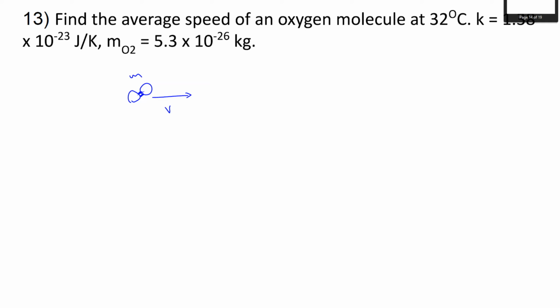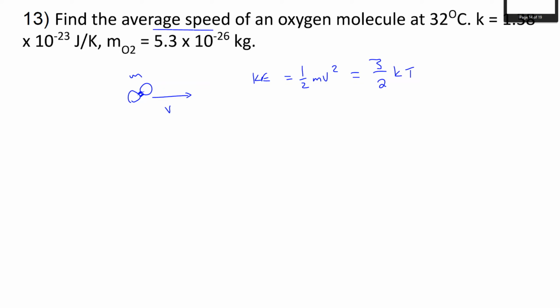We have two ways to calculate the kinetic energy, and they have to be the same number. The old way was 1/2 mv squared. And Boltzmann came along and said he figured out that it's related to the temperature. The higher the temperature, the more the average kinetic energy of the gas. So if we set those equal, they want the average speed.